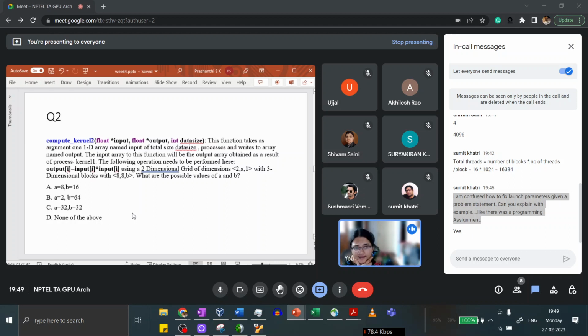Any answers to this, or is how to proceed from whatever is given in the question clear, or is it confusing?